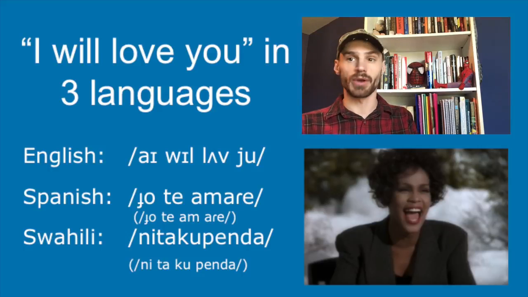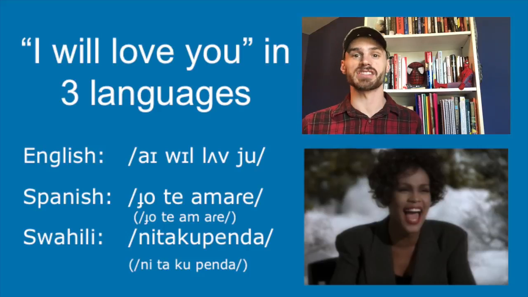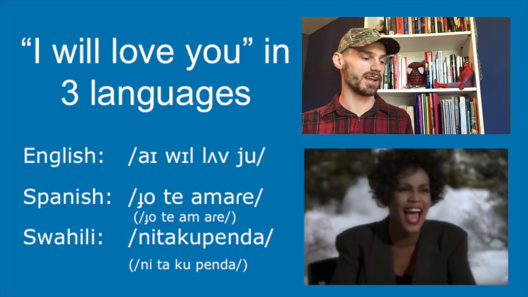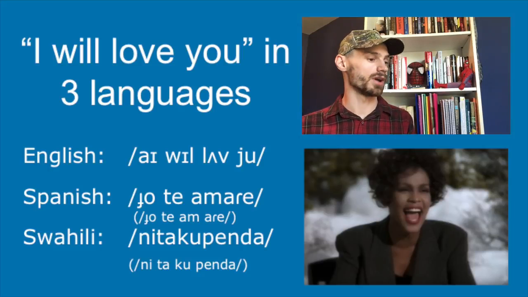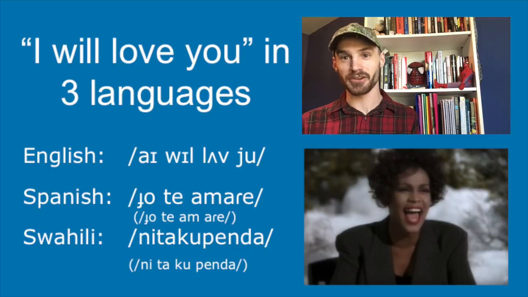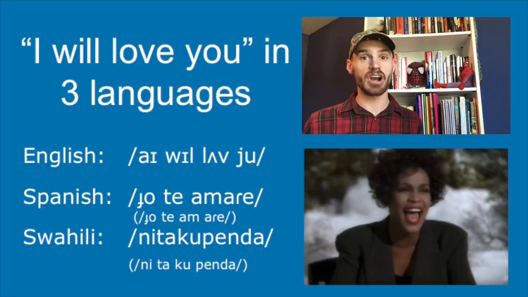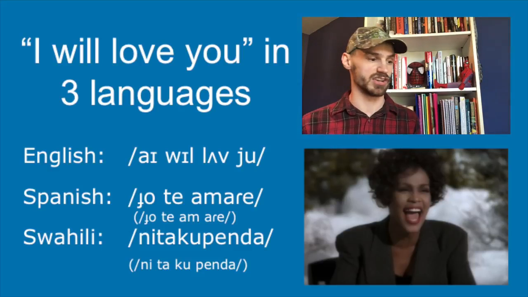And in Swahili, it gets even more interesting because in order to express the same sentiment that takes us 4 words to say, they have 1 word. So, nitakupenda. Nitakupenda. I don't know how to say that. I don't speak Swahili. But the important thing is they're still expressing all 4 of those basic meanings that we have in English.